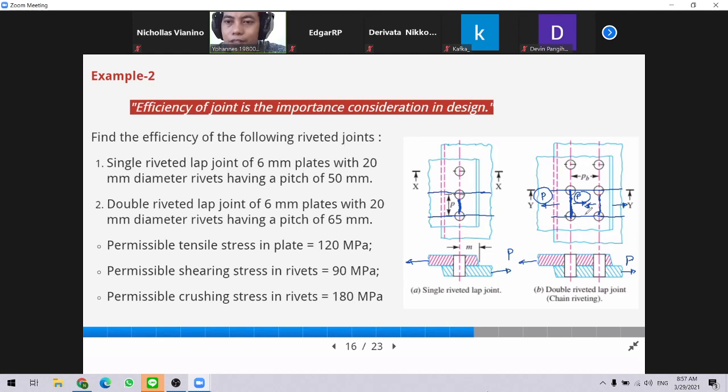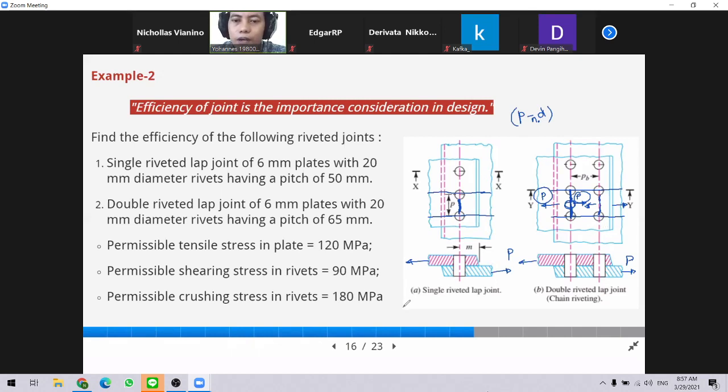What changes the formula is if we put another rivet here. That will change the area of the tearing. So it will not change in this condition. But if we put another rivet, then it will change here. We put N here, the number of rivets.